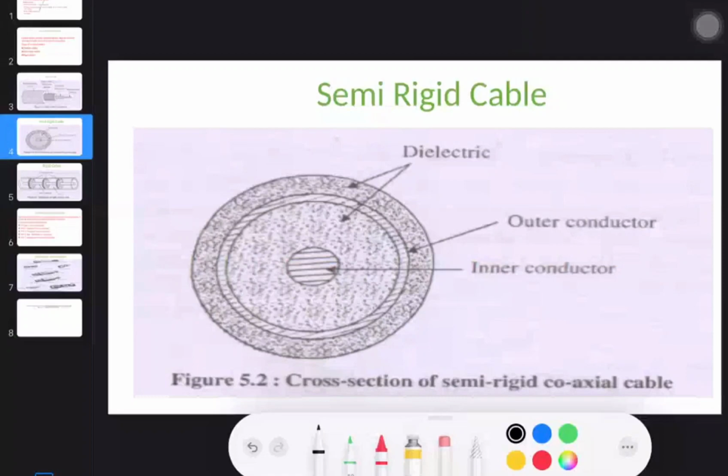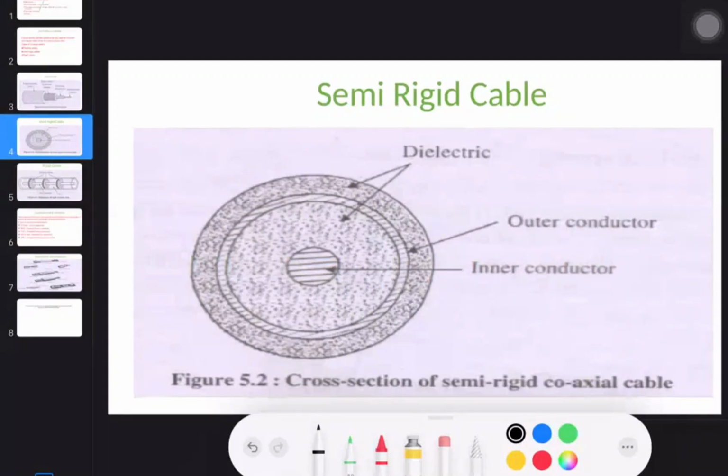Coming to the second type of cable, the semi-rigid type of cable. It is a cable which is not too flexible and not too hard to be folded to a smaller diameter. It gives almost the same properties and performance as the flexible or rigid cable. A semi-rigid cable consists of an inner conductor and an outer conductor.